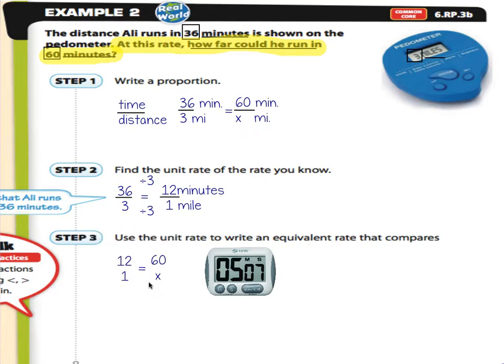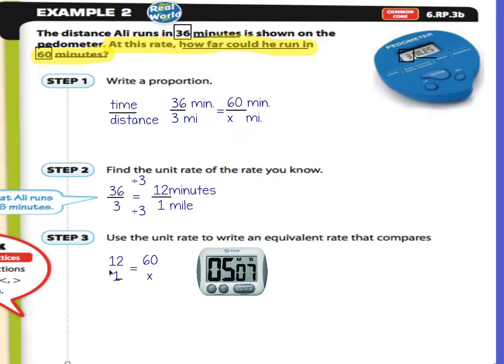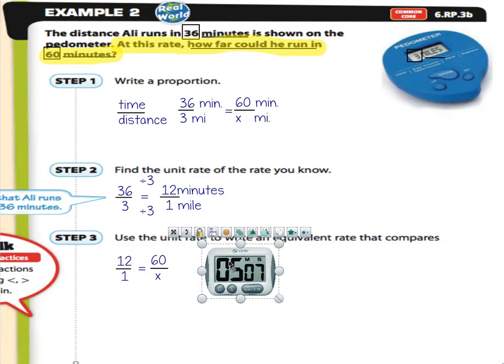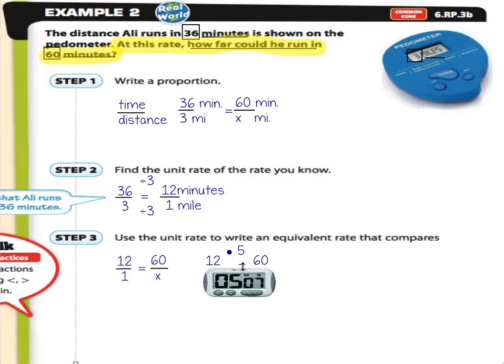So knowing this, I can set up a new proportion and say, if she goes for 12 minutes and runs 1 mile, what does that mean in terms of running 60 minutes? How many miles will she go? Well, I know that to go from 12 to 60, I have to multiply by 5. And what I do to the top, I have to do to the bottom.